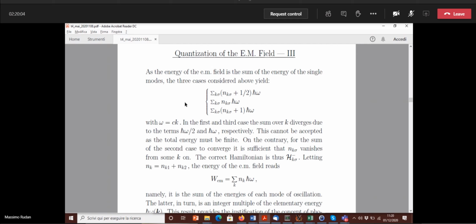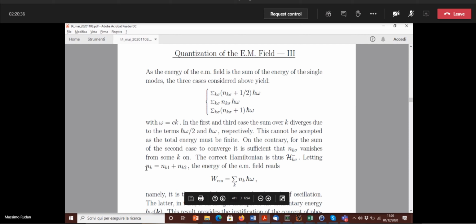Also, we may say that since the sum over sigma goes over 2 indices only, 1 and 2, and h bar omega does not depend on sigma, we can perform the sum over sigma because we have just 2 indices. We have nk1 corresponding to sigma equal to 1 plus nk2, okay?